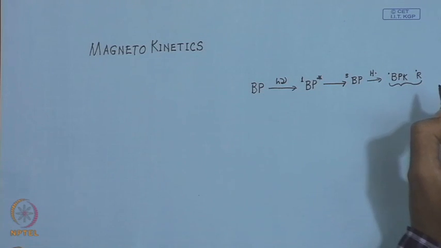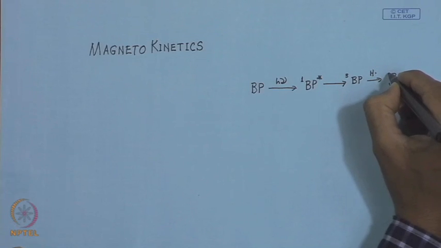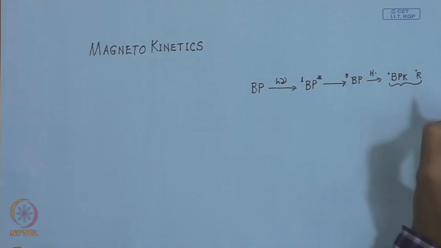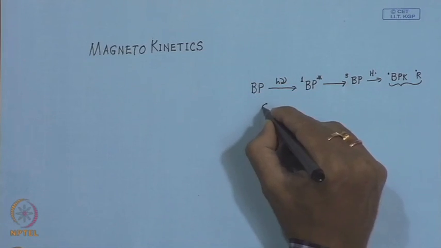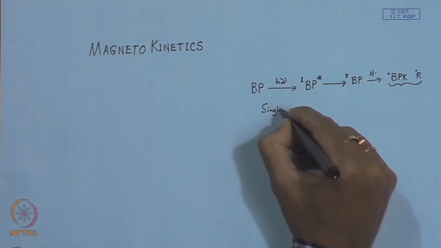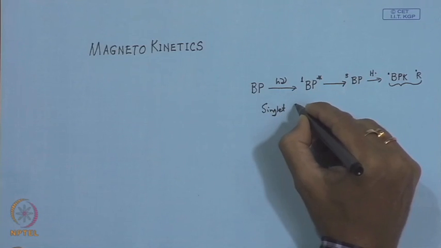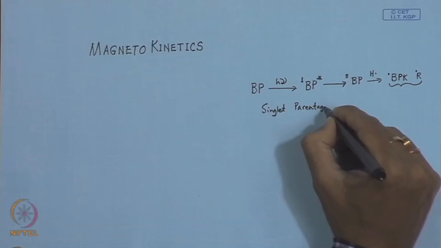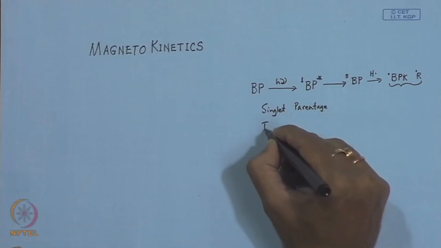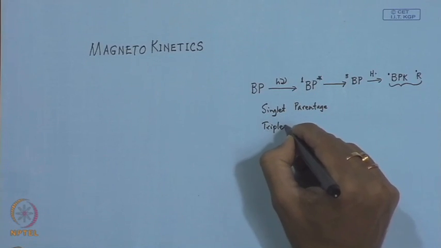Now, depending on the orientation of the spins of this radical pair, it may be singlet or it may be triplet.